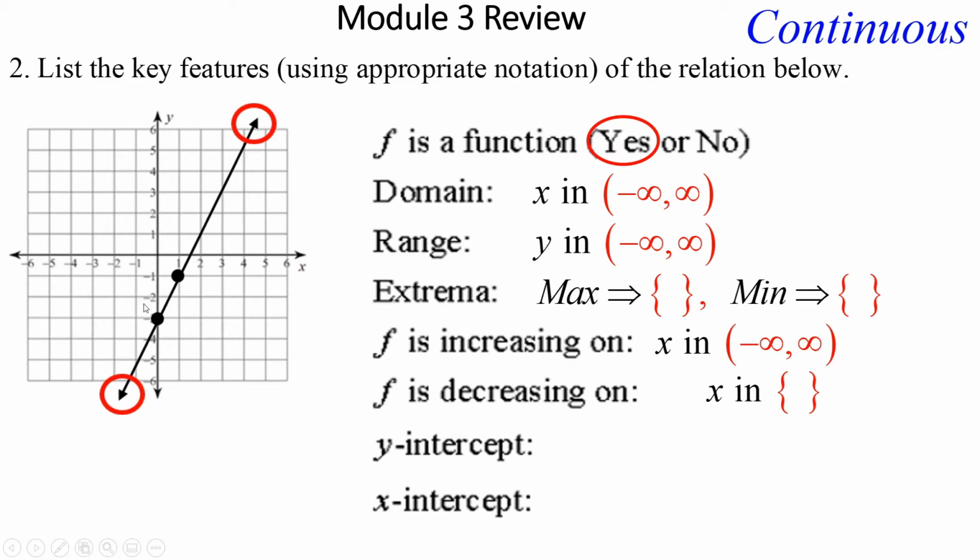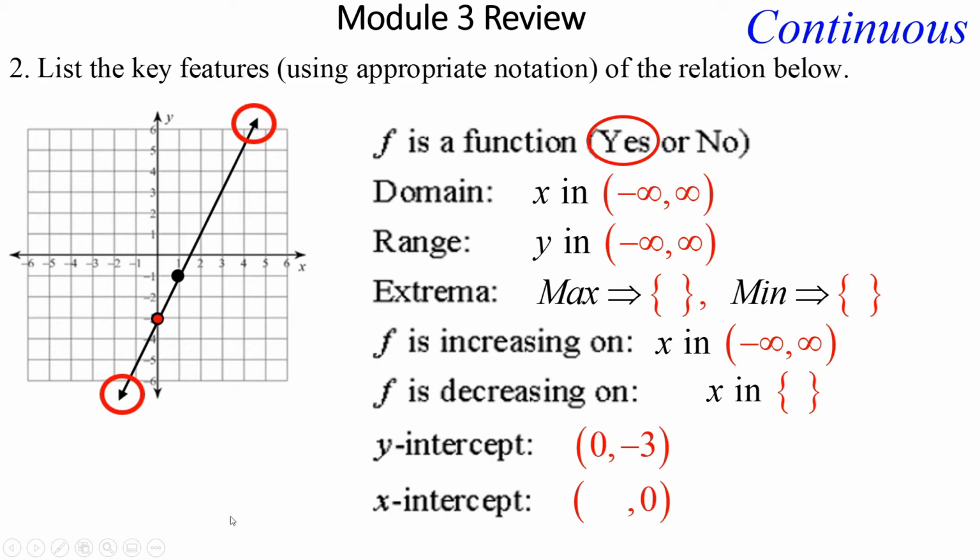Well, the graph has a y-intercept. And this is cool because when they ask me for intercepts, if they exist, I already know one of the coordinates. At the y-intercept, x has to be 0. And what's the y of that point right there? That's a -3. So there's my y-intercept. Now for the x-intercept, the y has to be 0.